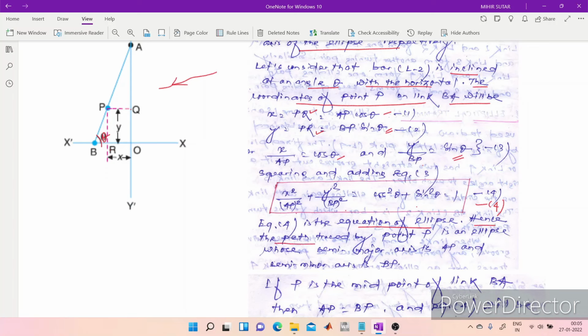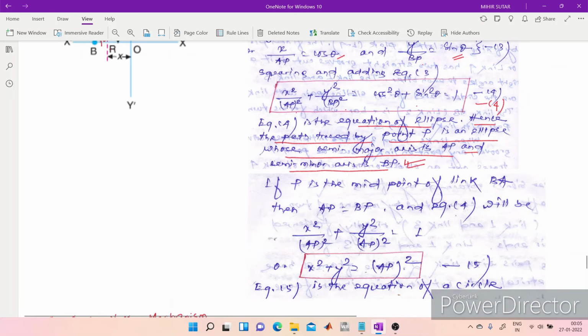Hence the path traced by point P is an ellipse, whose semi-major axis is AP and semi-minor axis is BP. Now if P is the midpoint of link BA, then AP will be equal to BP and equation 4 will be x square by AP square plus y square by AP square equal to 1, or x square plus y square is equal to AP square. So this will be the equation of a circle.